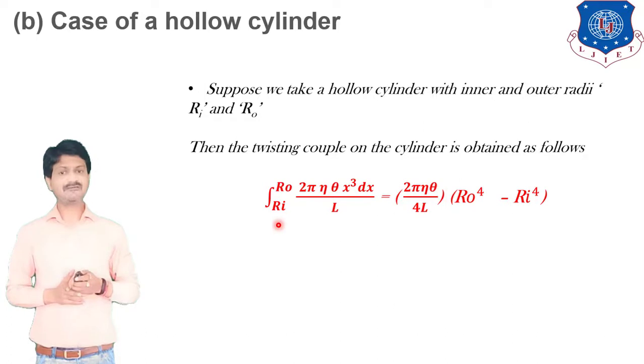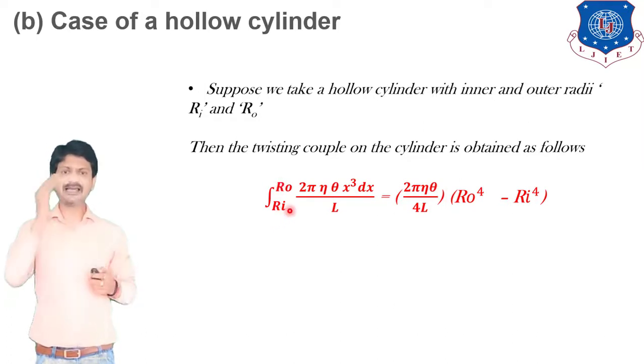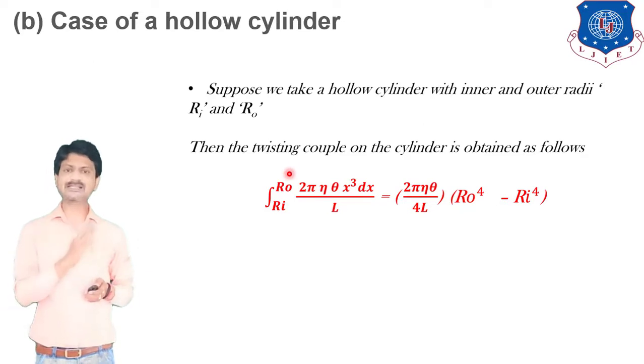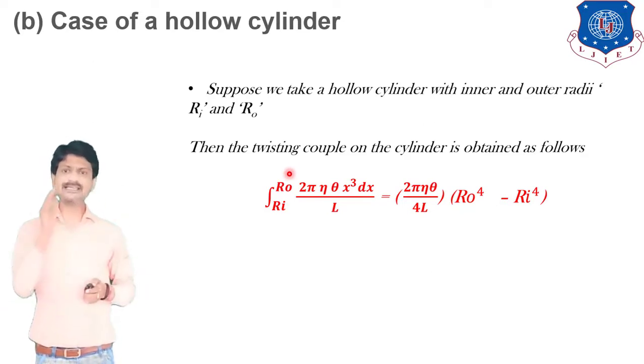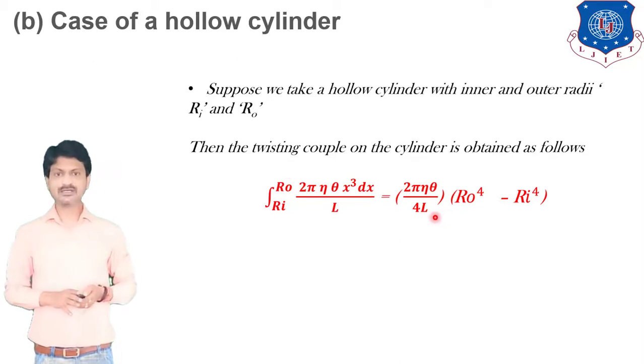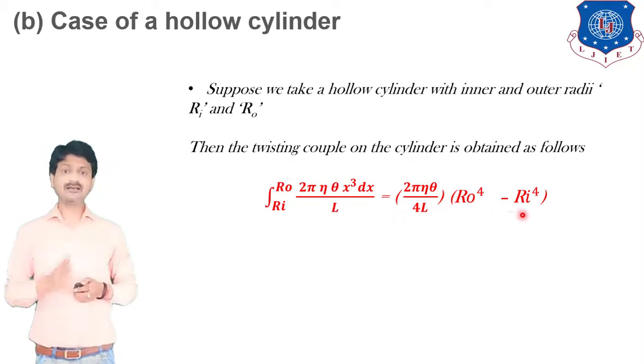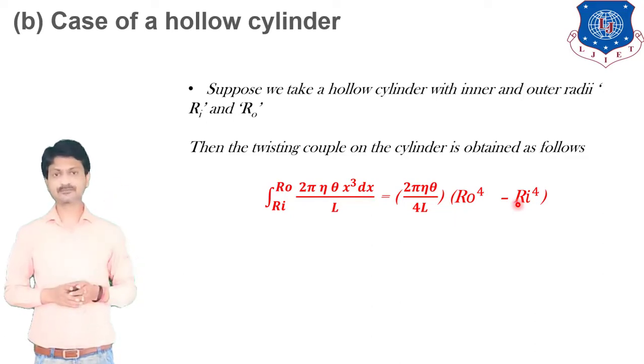But here we have two limits, Ri and Ro, where Ri stands for inner radius and Ro for outer radius of the hollow cylinder. So we integrate with these two limits, and we have the equation 2 pi eta theta upon 4L times Ro raised to 4 minus Ri raised to 4.